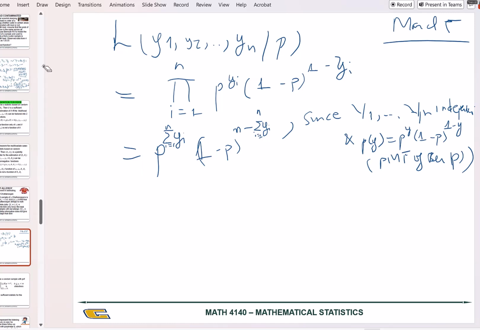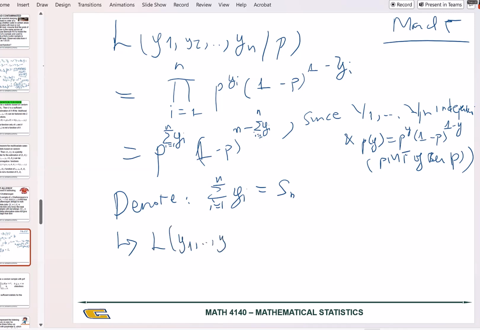I can denote the sum of yi, i from 1 to n, as Sn. At that time I can write my likelihood function as p to the Sn times 1 minus p to the n minus Sn.